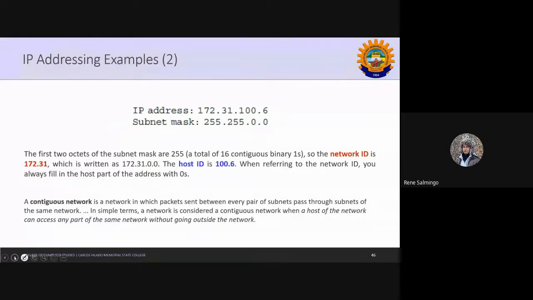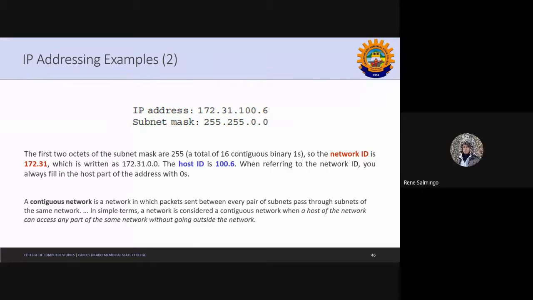Now, for the case of two octets, what type of IP address is this when you have 172.31? Class B, sir.